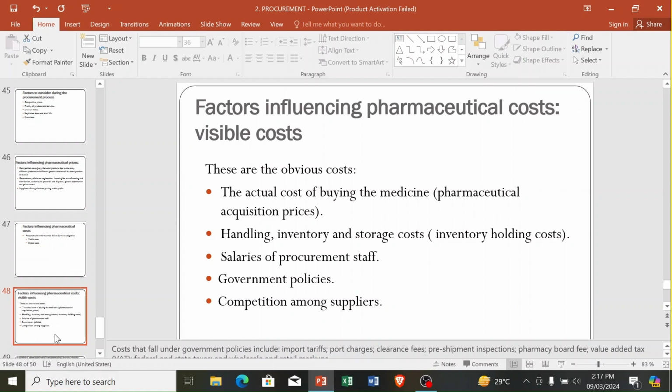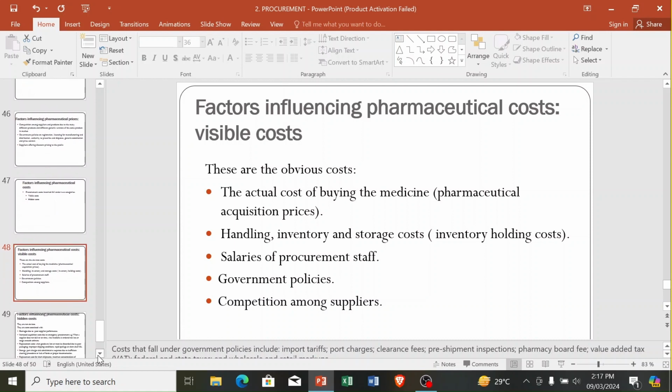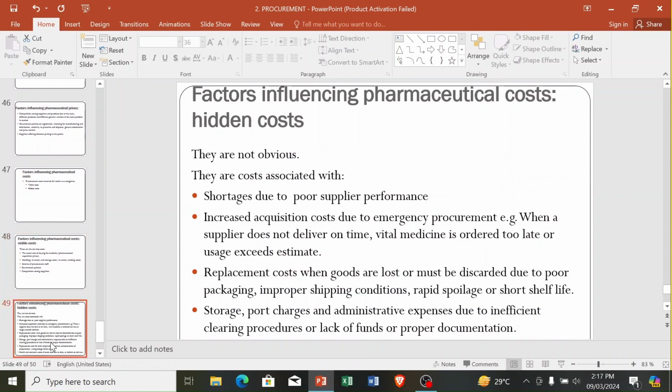Competition among suppliers becomes also another obvious cost. You're aware that competitions are always there, and when they come, you don't get shocked. However, there are other hidden costs that we may incur and can also affect our facility or our costs or how we sell the medicine, how we give it out.